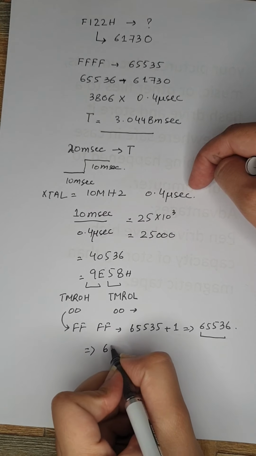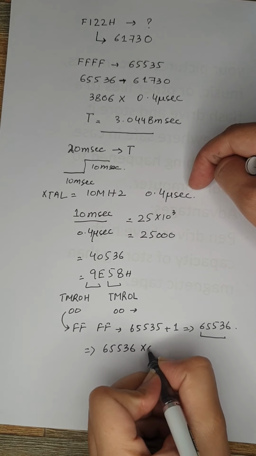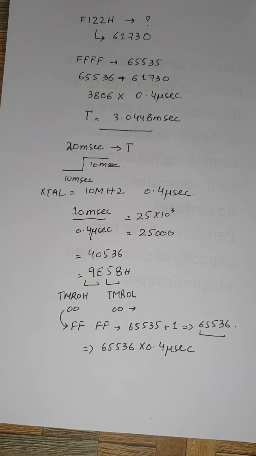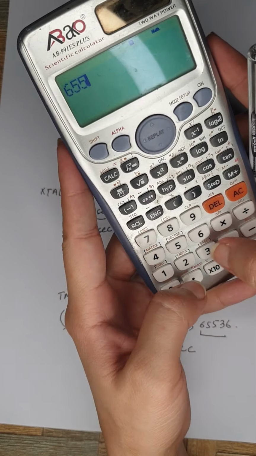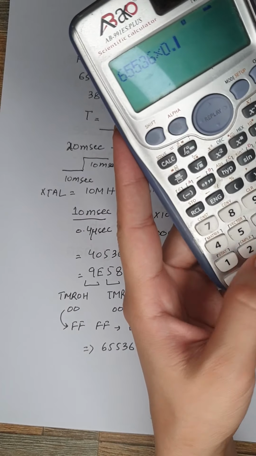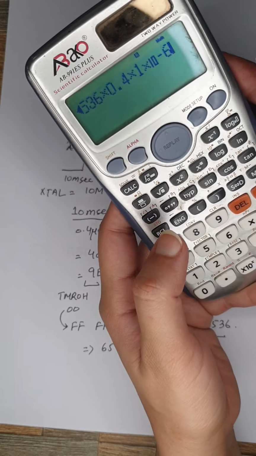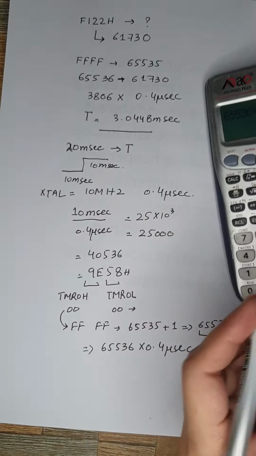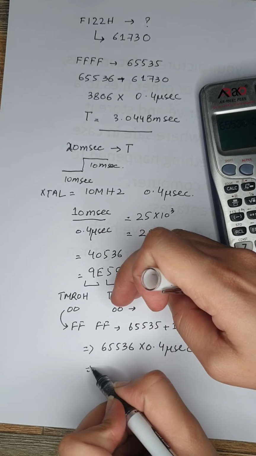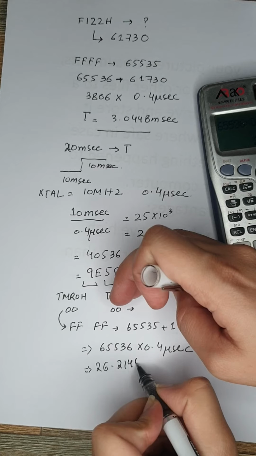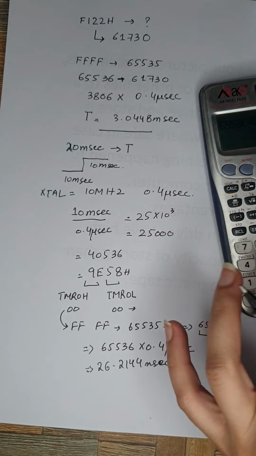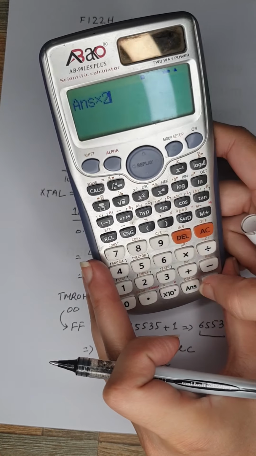So 65536 counts multiplied by 0.4 into 10 raised to power minus 6 is equal to 26.2144 milliseconds, and this time is only for the lower or the higher portion, so I will multiply it by 2 again.